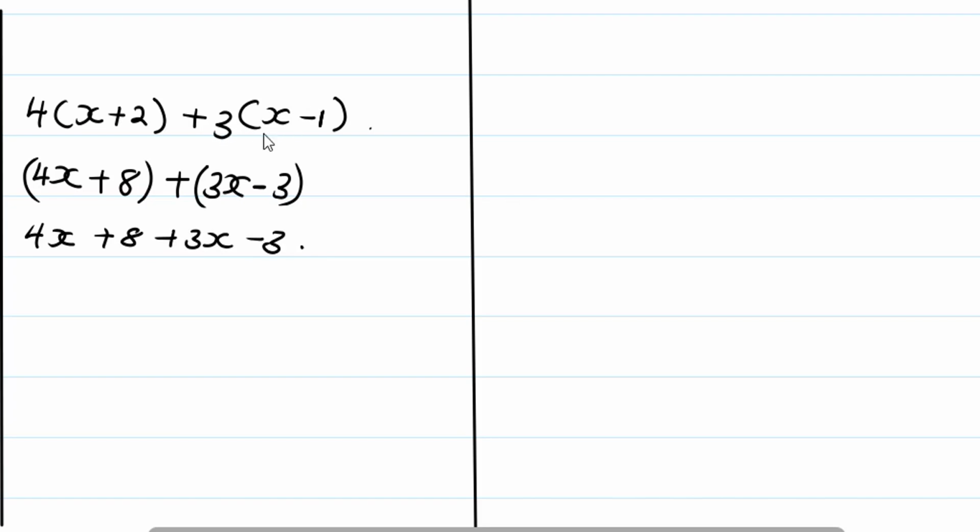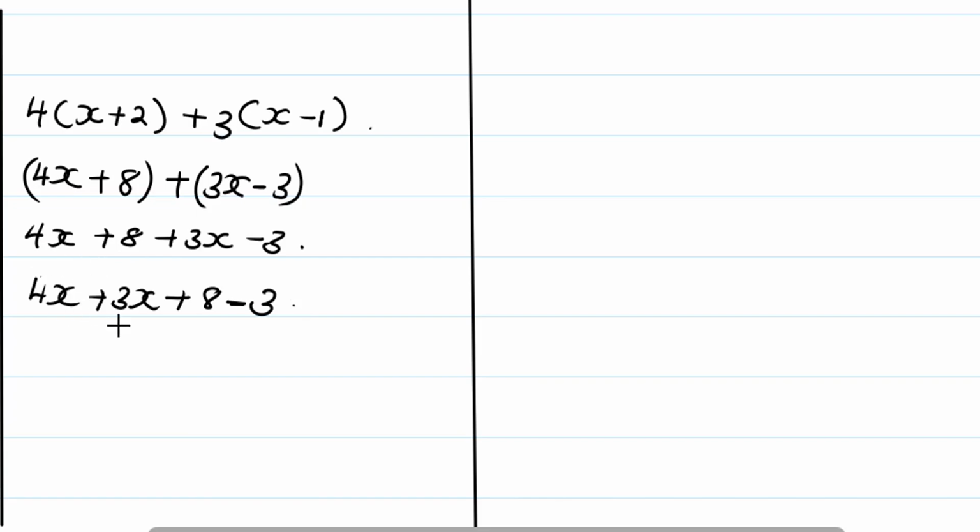Then from there, I group the like terms together. Where we have x's, I group them together, and where I have values without unknowns, like this 8 and 3, I group them together. So it will be 4x plus 3x, then plus 8 minus 3.